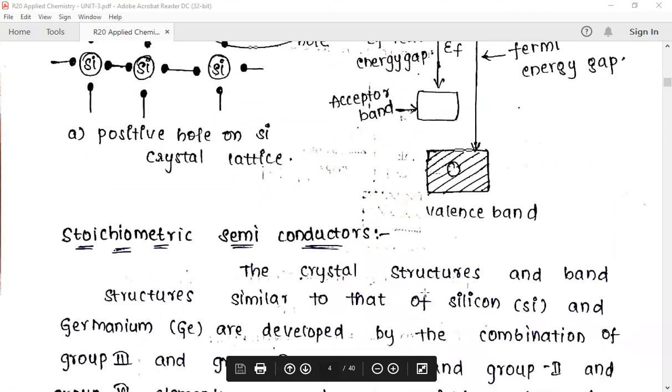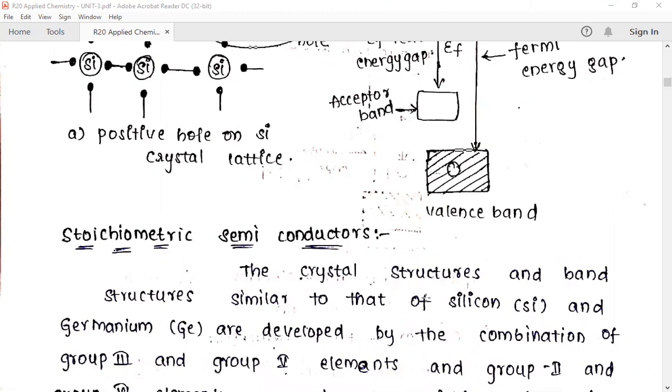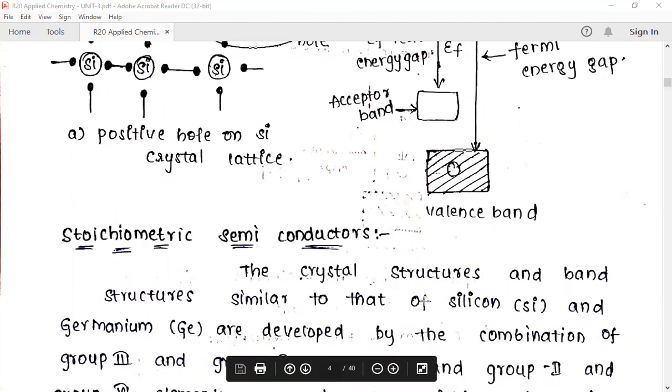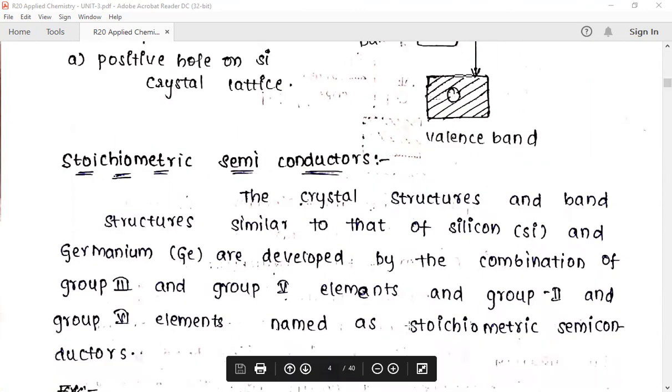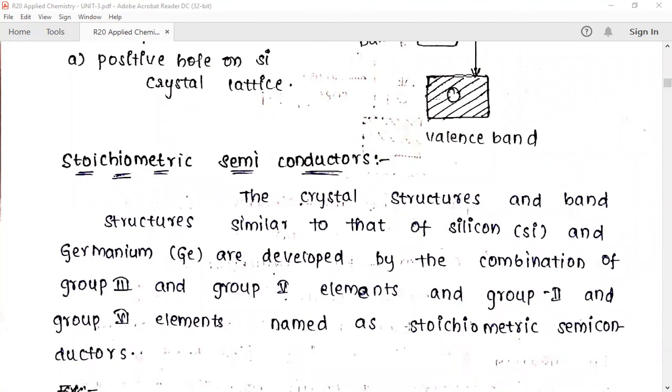Next, coming to the non-elemental semiconductors. These non-elemental semiconductors are classified again into two types, known as stoichiometric semiconductors and non-stoichiometric semiconductors.